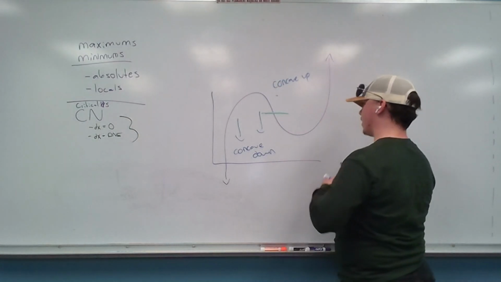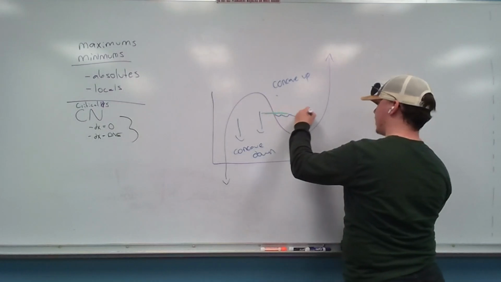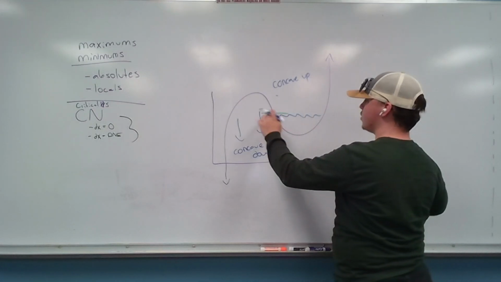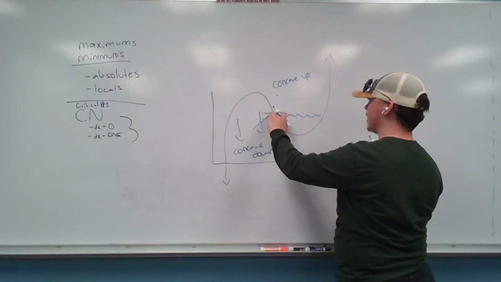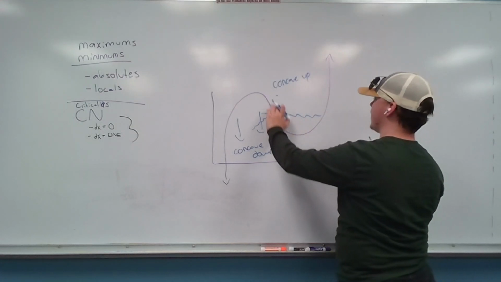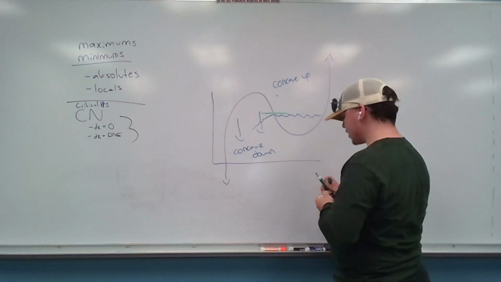If we're using the water analogy, it would be held right here. And right here, this is the part that is concave down. At this point, it switches, and this is my concave up, and this is my concave down. That's what concavity means.